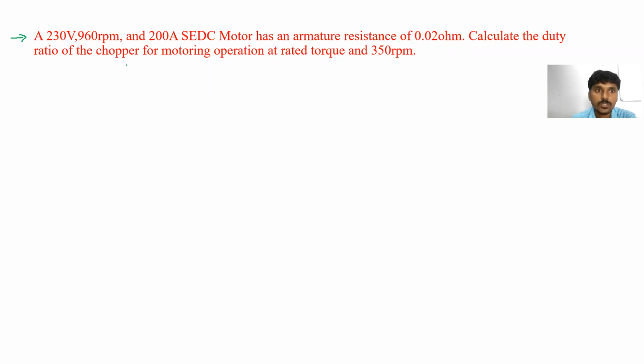Calculate the duty ratio of the chopper for motoring operation at rated torque and 350 RPM. Calculate the duty ratio, so means we have to find out the duty cycle. Duty ratio is nothing but the on time to the total time period. This is called duty ratio, that can be called as duty cycle also. So duty cycle we have to find out.